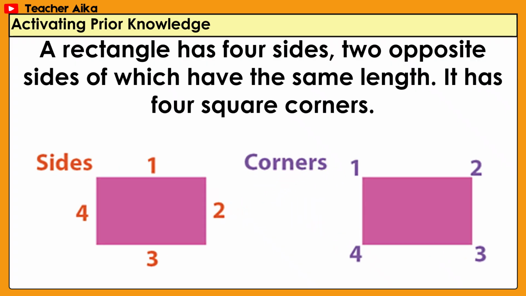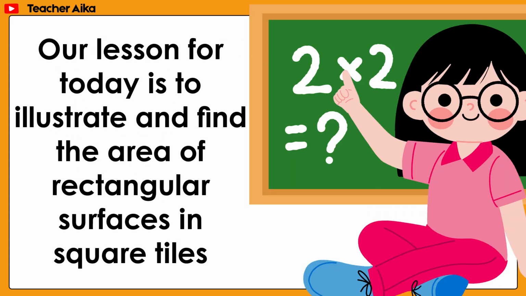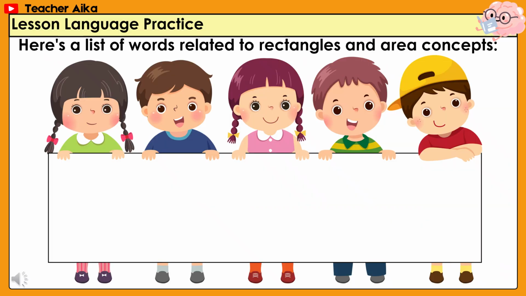It has 4 square corners. Our lesson for today is to illustrate and find the area of rectangular surfaces in square tiles. Here's a list of words related to rectangles and area concepts.